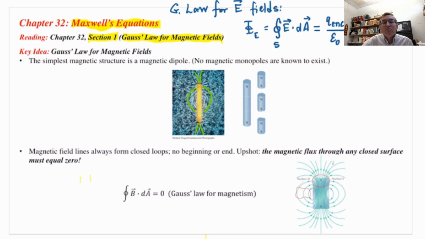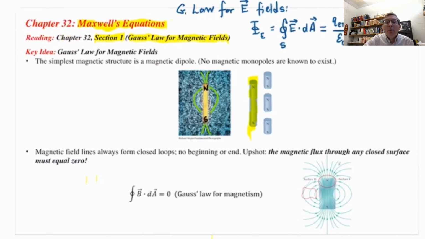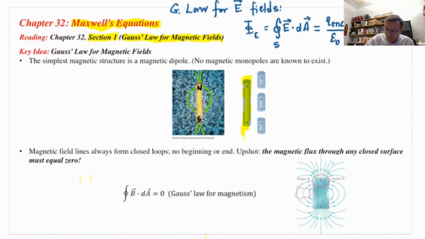Okay? That's called a magnetic dipole because one end, let's say that end, is a north pole and the other end is a south pole. And then here on the right, you have a schematic representation of a bar magnet with a north pole and a south pole.